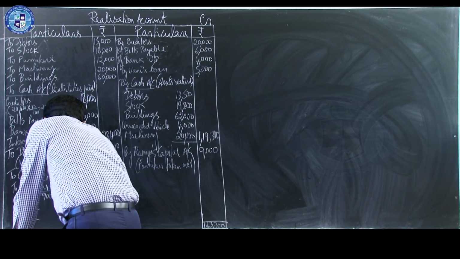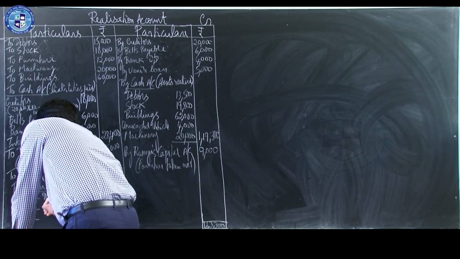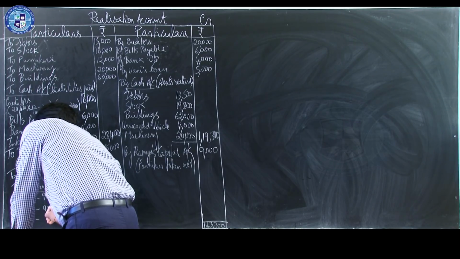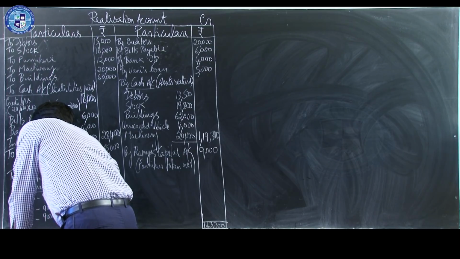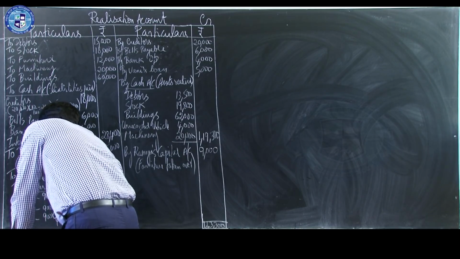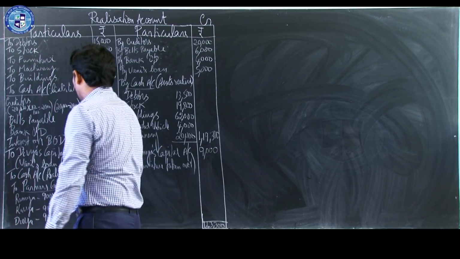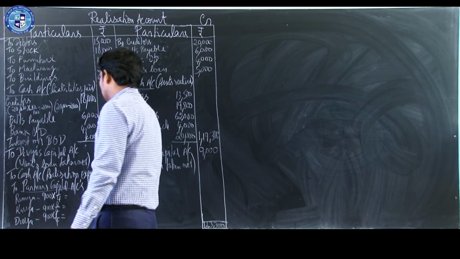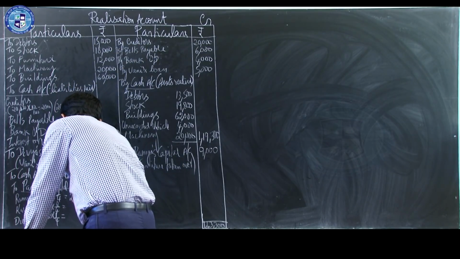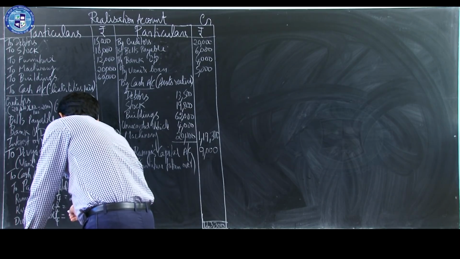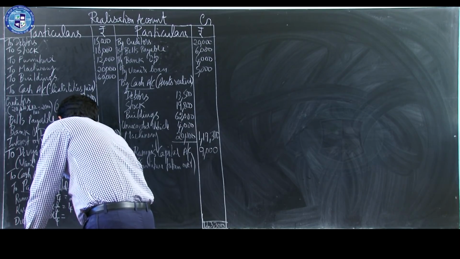How much is Ramya getting? 900 into 1/4, 225. Kavya gets 900 into 2/4, 450.